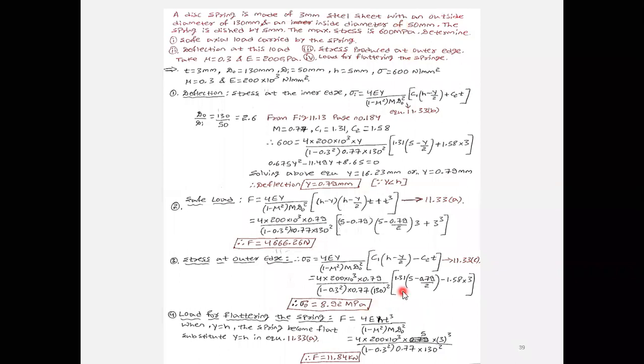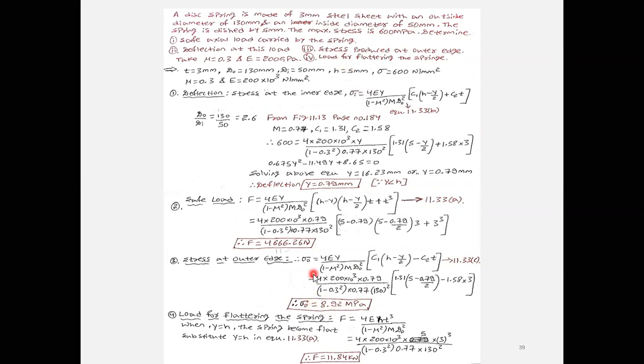Substitute all the values. After substituting, the stress you are going to get at the outer edge is 8.92 megapascal. The stress induced at the outer edge is 8.92 megapascal.